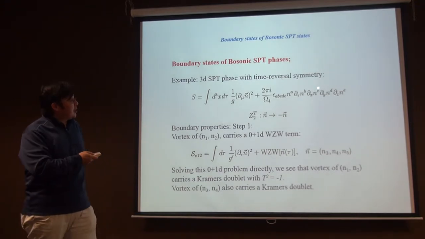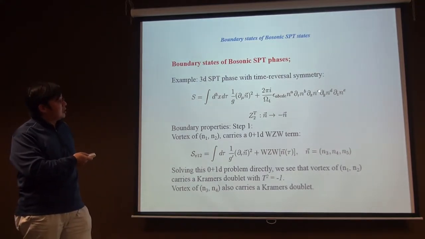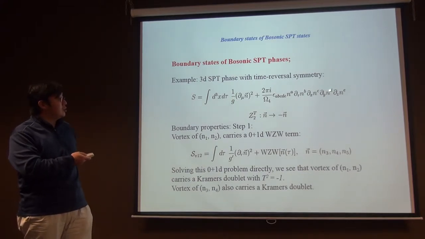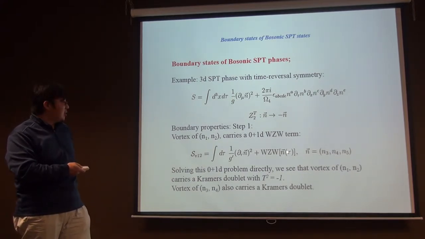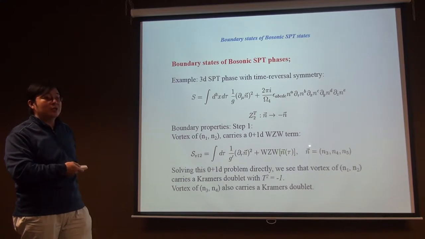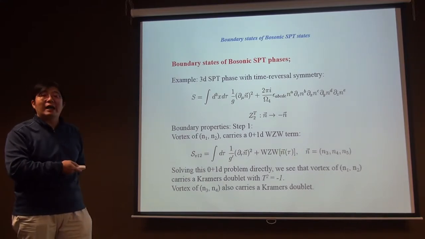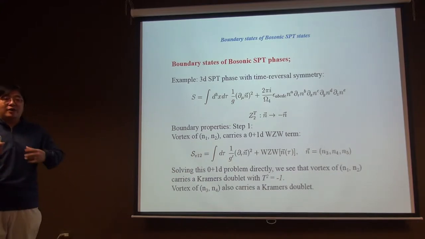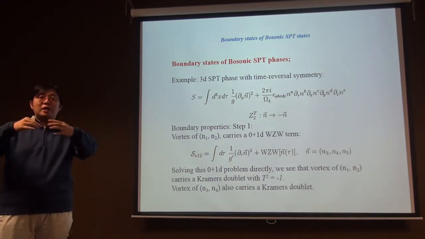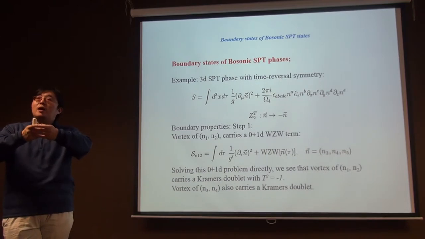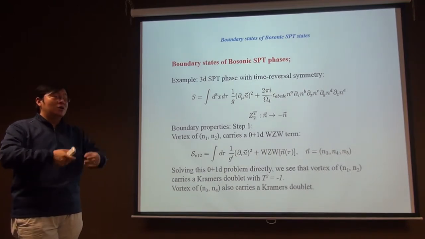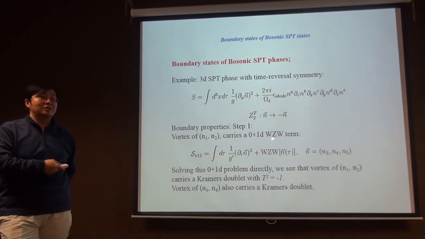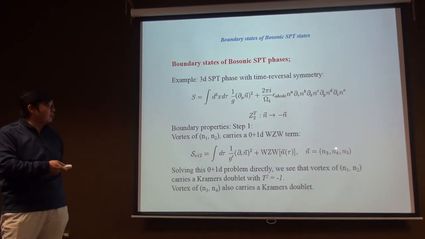And actually the fact that this n1, n2 is attached with 3, 4, 5 means that the vortex of n1, n2 will be attached with the 0+1 dimensional Wess-Zumino-Witten term of n3, 4, 5. This means that at the 2D boundary, the vortex of n1, n2 is always bound with a 0+1 dimensional Wess-Zumino-Witten term of n3, 4, 5.